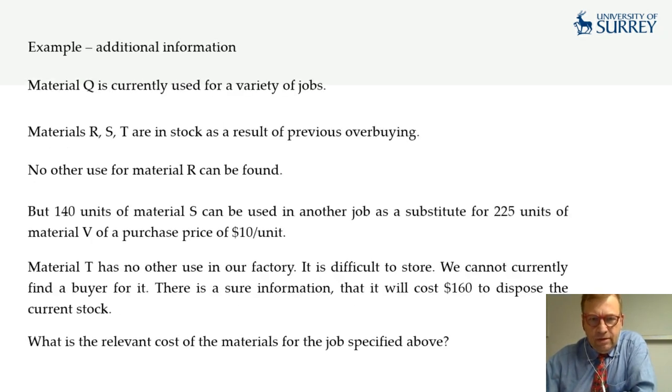We have this information that 140 units of material S could be used in another job as a substitute for 225 units of material V at a purchase price of $10 per unit.